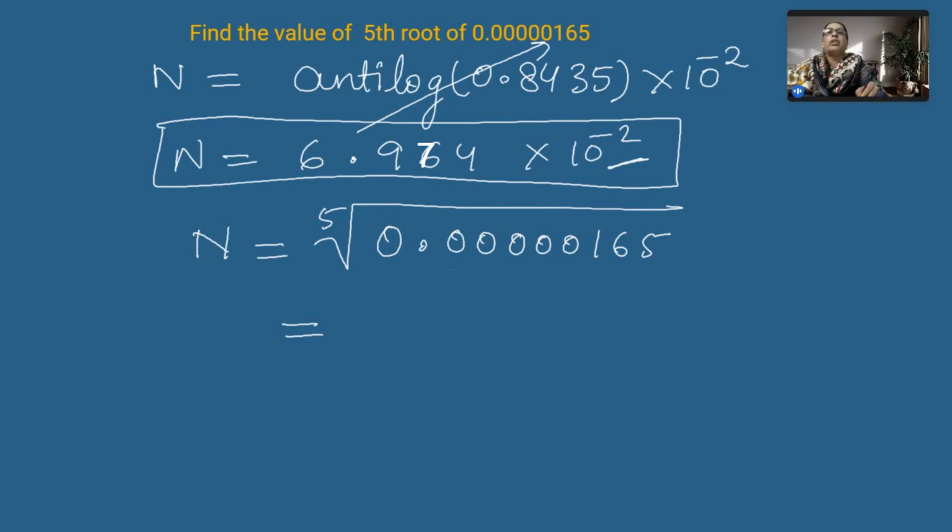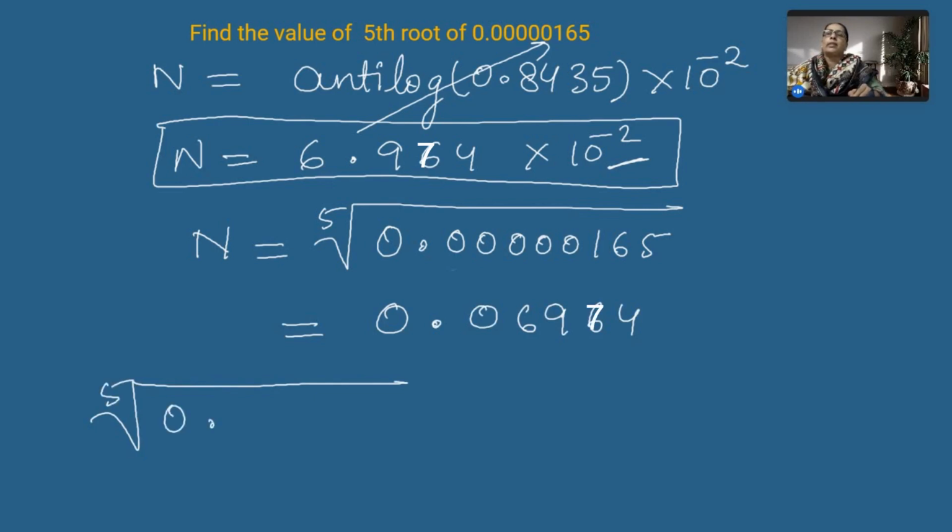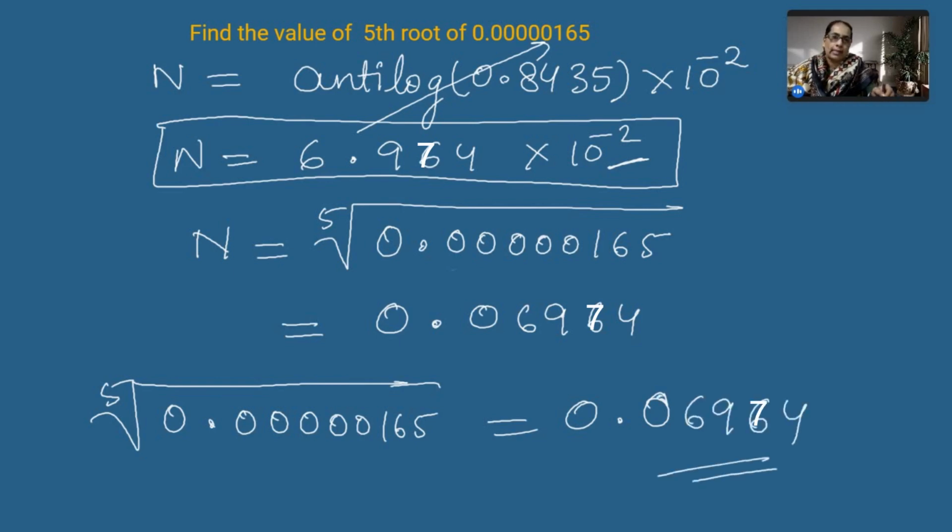So the decimal will shift 2 places left, which in turn is 0.06974. So the fifth root of 0.00000165 is 0.06974, and this is the answer. Hope this video is useful to you.